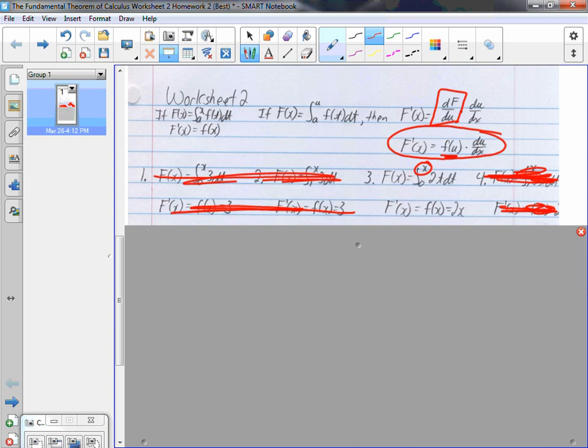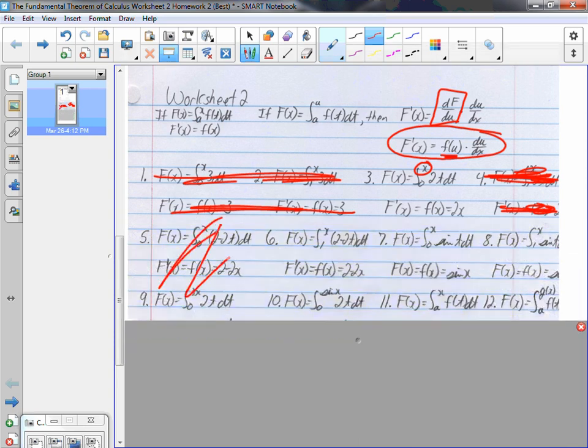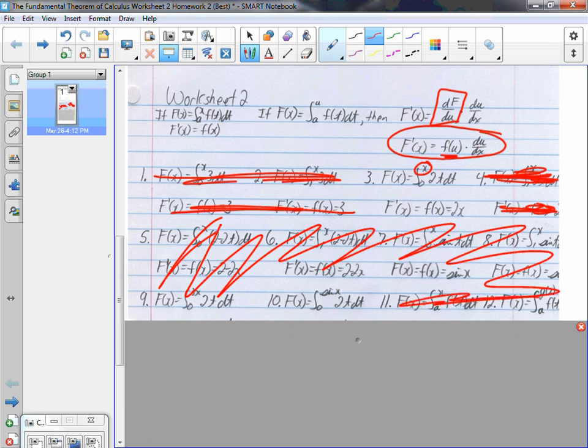So now we can do one like number 10. So let's ignore all this other stuff and look at number 10. We've got capital F of x equals the integral from 0 to the sine of x of 2t dt.